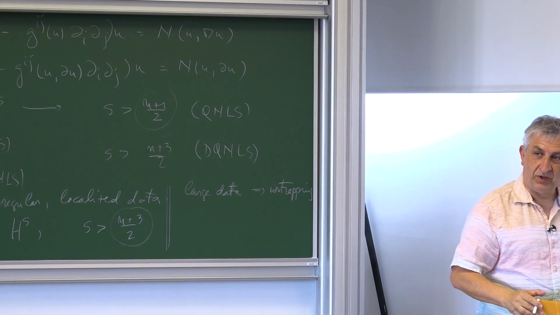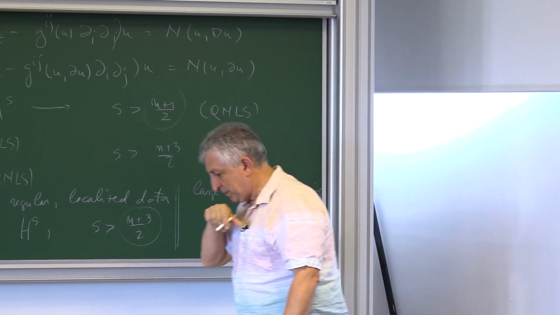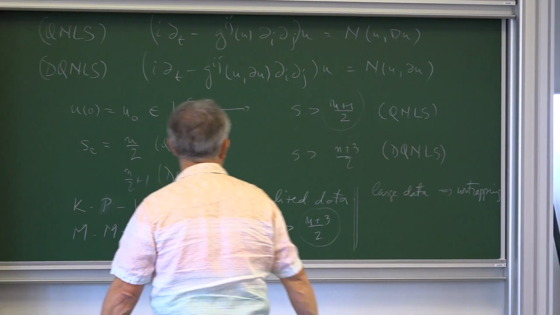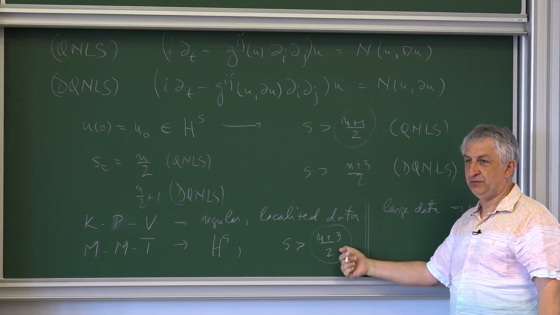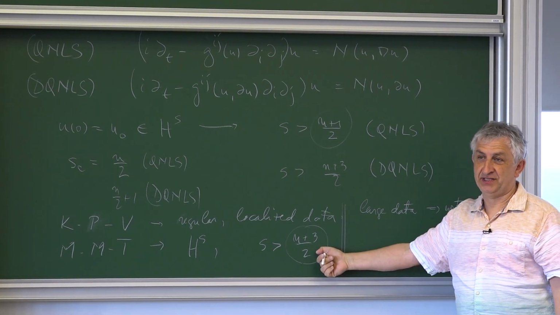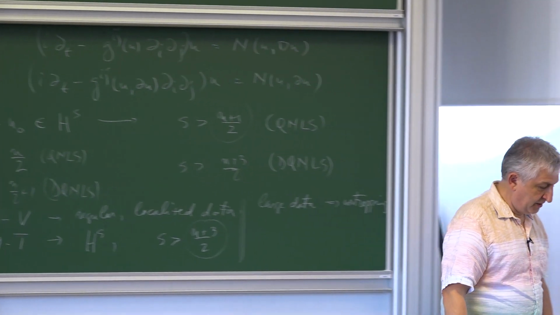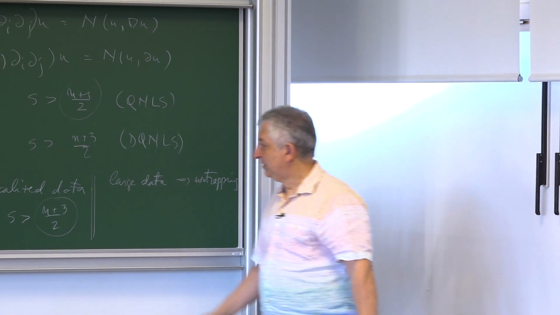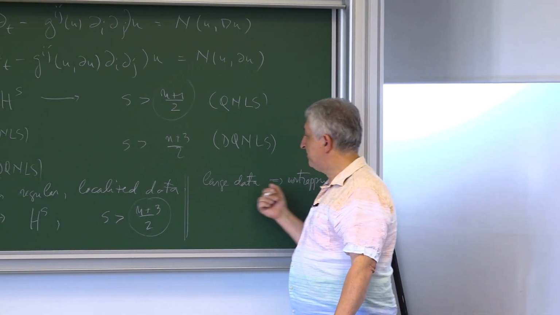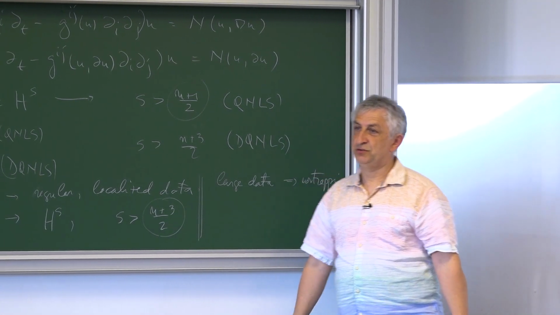All right, so what's the difficulty? Well, if s is greater than n plus 3 over 2, you can make sense of the geodesics. It's very important. And then you can say, well, non-trapping means that every geodesic comes from infinity and goes to infinity.